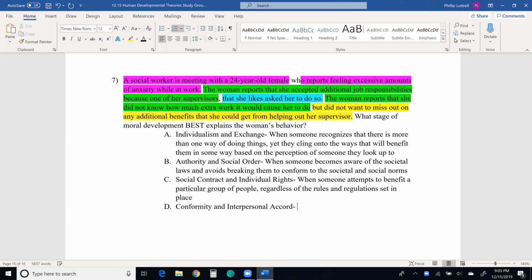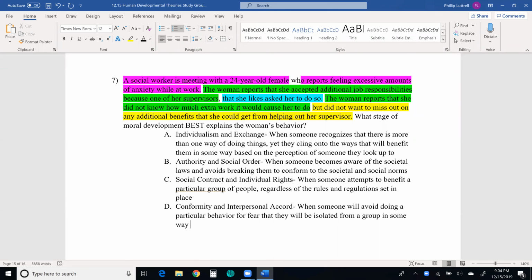Conformity and interpersonal accord. When someone will avoid doing a particular behavior for fear that they will be isolated from a group in some way.